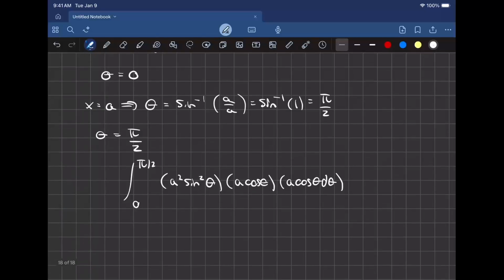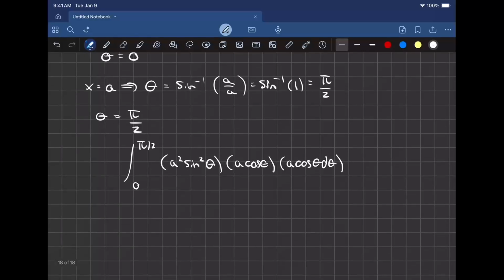Okay, so I want to pull out an a factor. So we'd have a squared times a squared, so that's a to the fourth. So we'll pull out an a to the fourth, integral 0 to pi over 2.